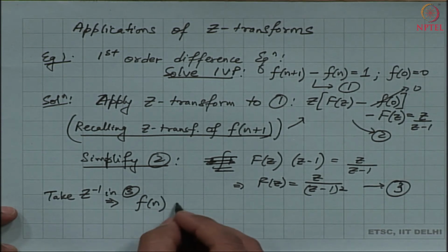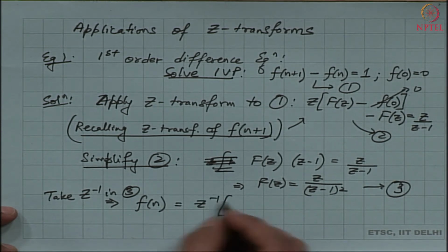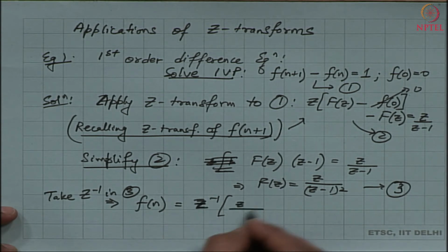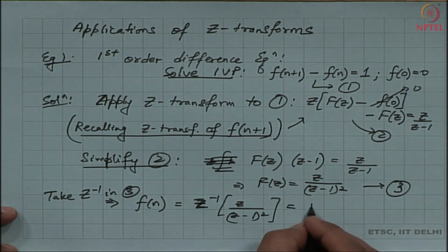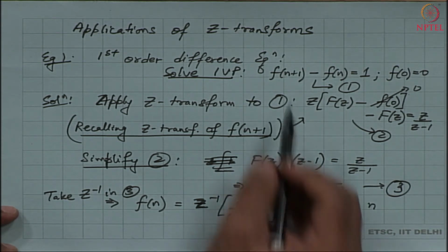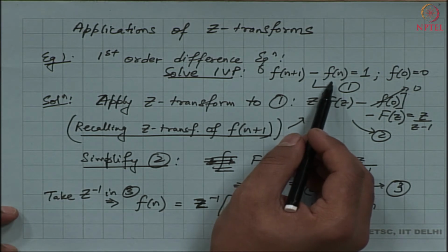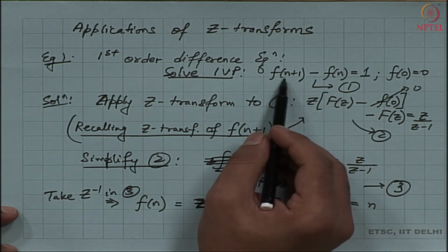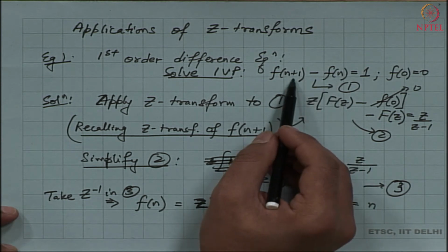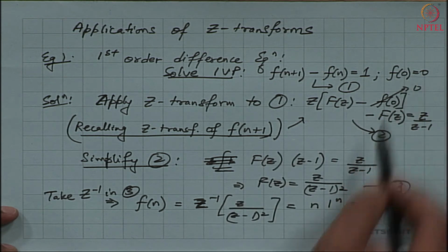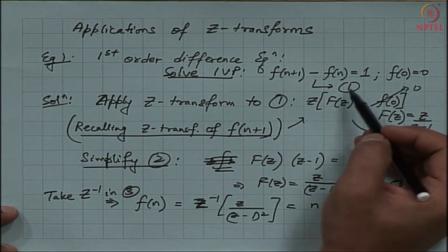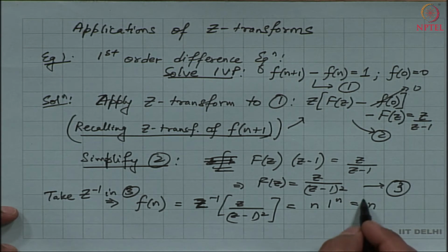My original function f of n is the inverse transform of z by z minus 1 whole square, and that will be n times 1 to the power n, which is nothing but n. So the solution to this difference equation is f of n equals n, and indeed when I plug in f of n is n and f of n plus 1 is n plus 1, the difference will be 1, and of course f of 0 is 0. So it indeed satisfies my difference equation, and hence the answer.